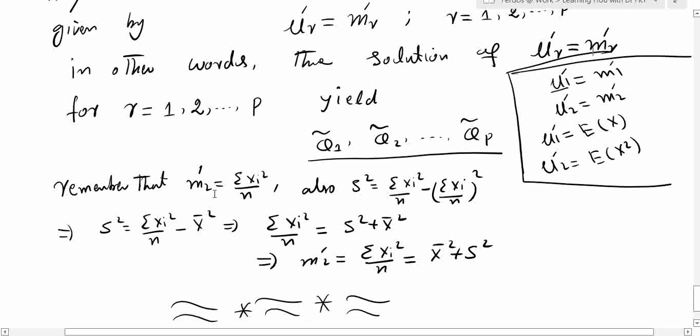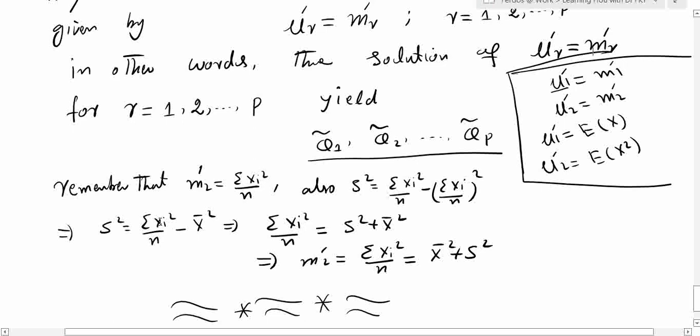Remember that m2 prime is equal to summation x_i square divided by n, by definition. We know that the sample variance s square is equal to summation x_i square divided by n minus, summation x_i divided by n, whole square. Replacing summation x_i divided by n with x bar, this becomes x bar square. So s square is equal to summation x_i square divided by n minus x bar square.